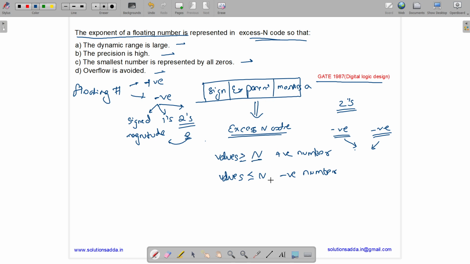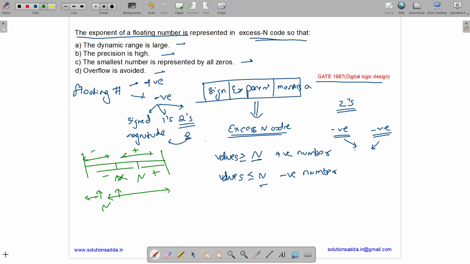This n is flexible. Suppose we have a number line with n here: we can represent negative numbers on one side and positive numbers on the other. If we move n to the right, the positive range reduces and the negative range increases. If we move n to the left, the negative range reduces and the positive range increases. So this n is flexible.